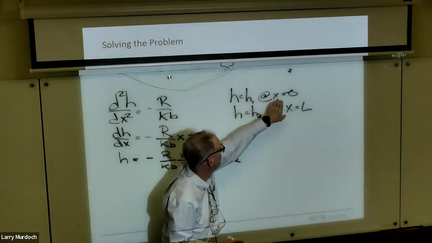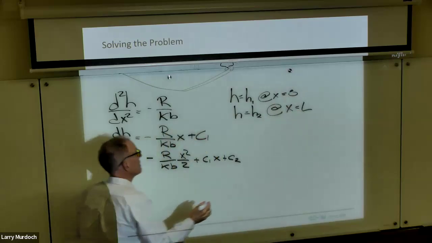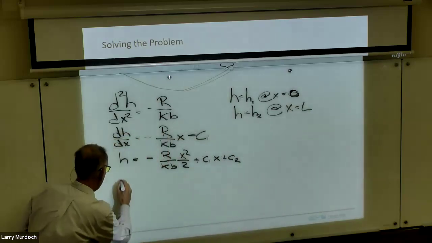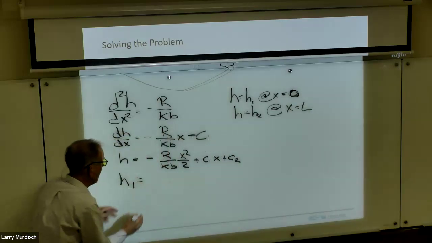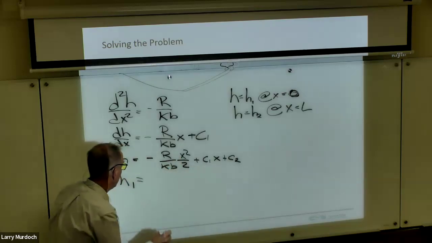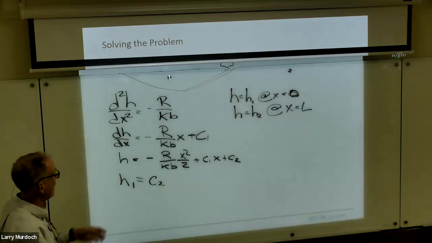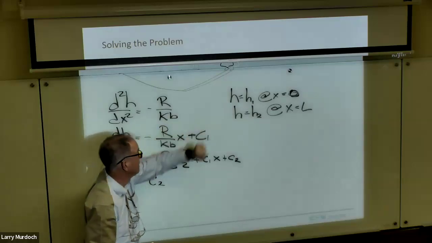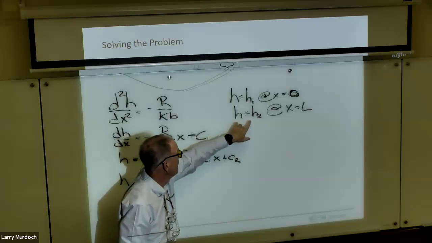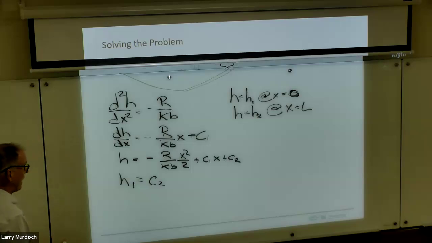Okay, so let's use the one where we have x equals 0 right now, because we can just say H equals H1, this equals 0, that equals 0, and then we're left with C2. So that makes it easy. This one, we're going to set H equal H2 and substitute in L for x.